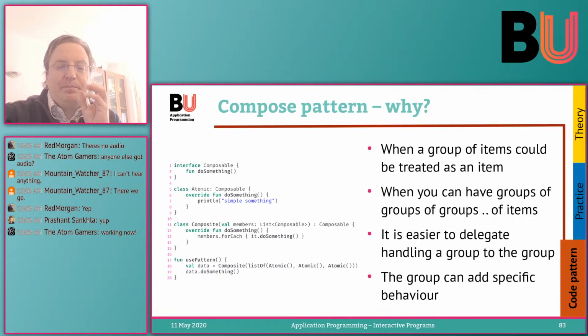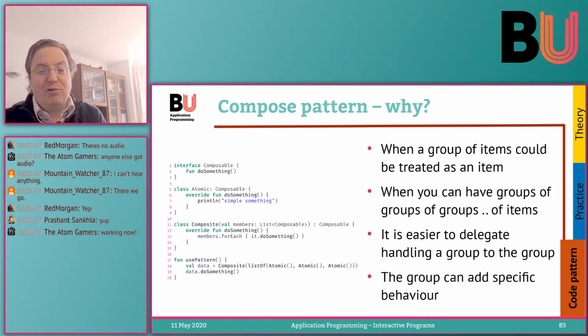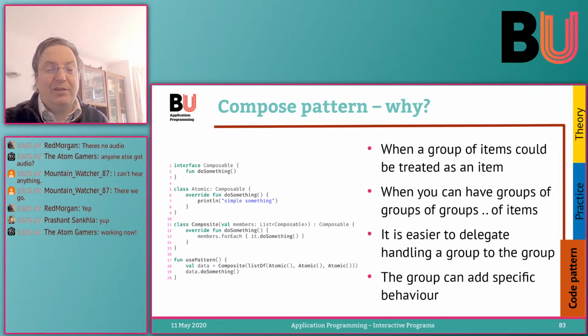Composite pattern is where you have a type that contains a container that contains children of its own parent type. So a composable interface might have a composite type that has a list of composables, and itself is also composable, and then you can do something for each of those, and when you need to do something for the composite, it will do it for each of the children.